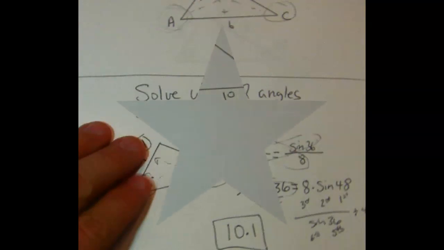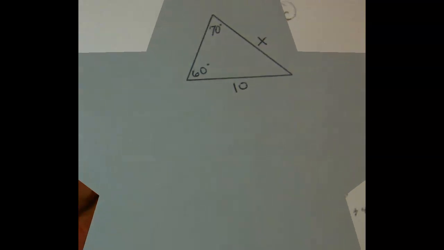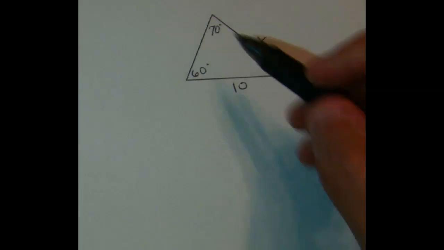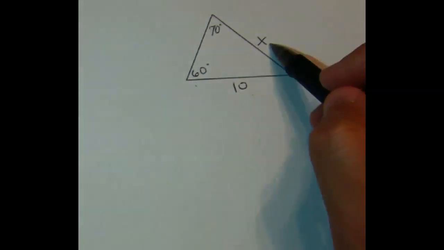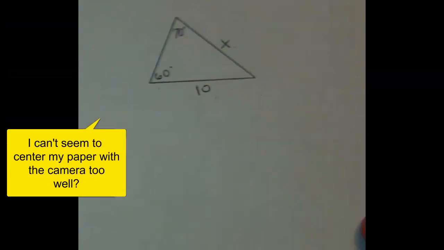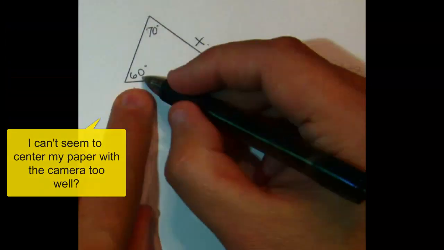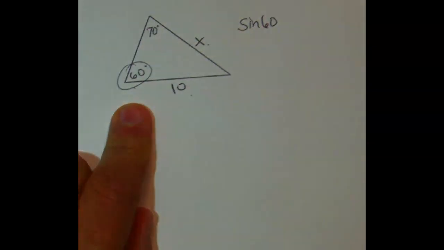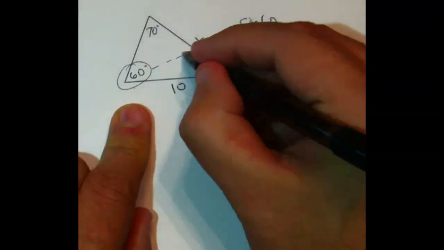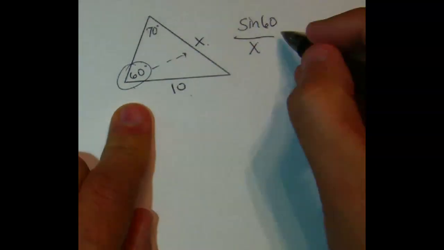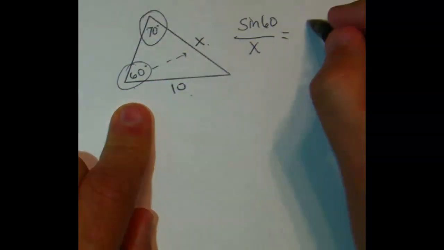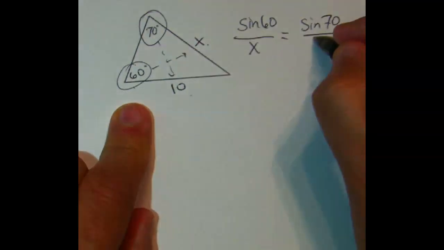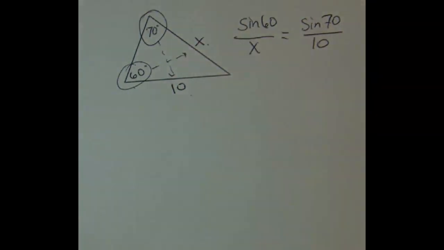Okay, let's try this one. We want to solve for x. Notice I have my two angles on the side and I'm looking for a missing side. So I take this angle, the sine of that angle over its opposite side, which is x, is equal to the sine of 70 over its opposite side, 10. Now let's cross multiply.